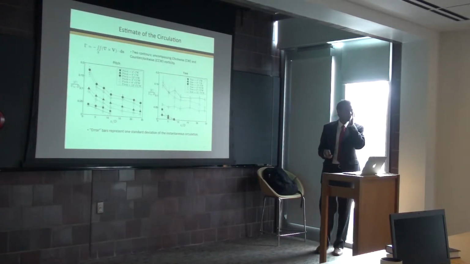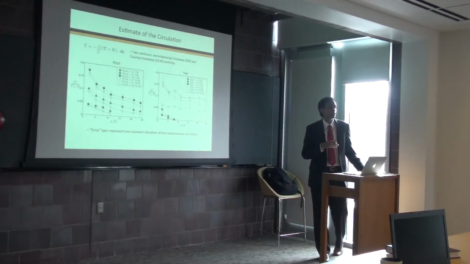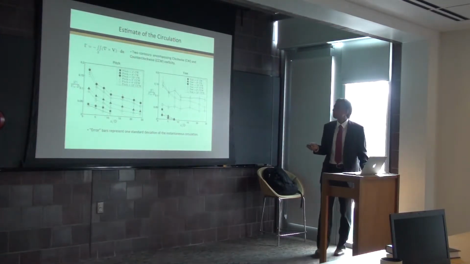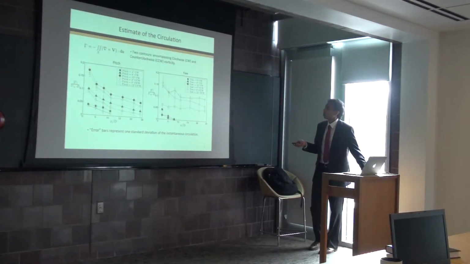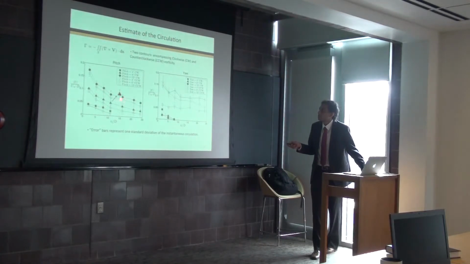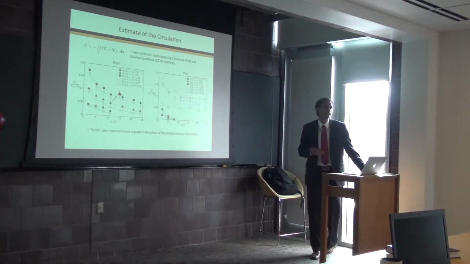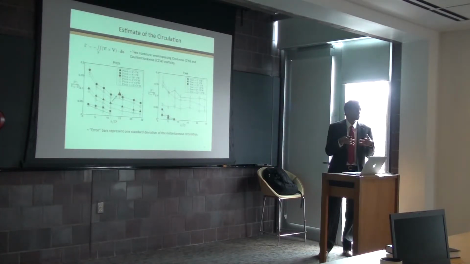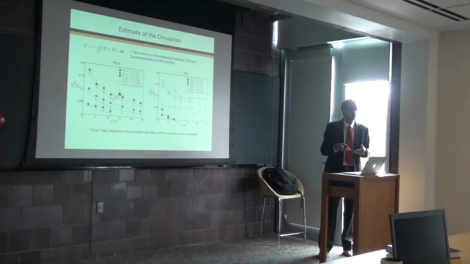Now, all of this information that I've showed you so far is time averaged. We're looking at the average velocity structure. Now let's look at it instantaneously. So perhaps it's not so clear, but I've plotted these little deviations, so-called error bars. They represent one standard deviation of the instantaneous circulation from the mean.